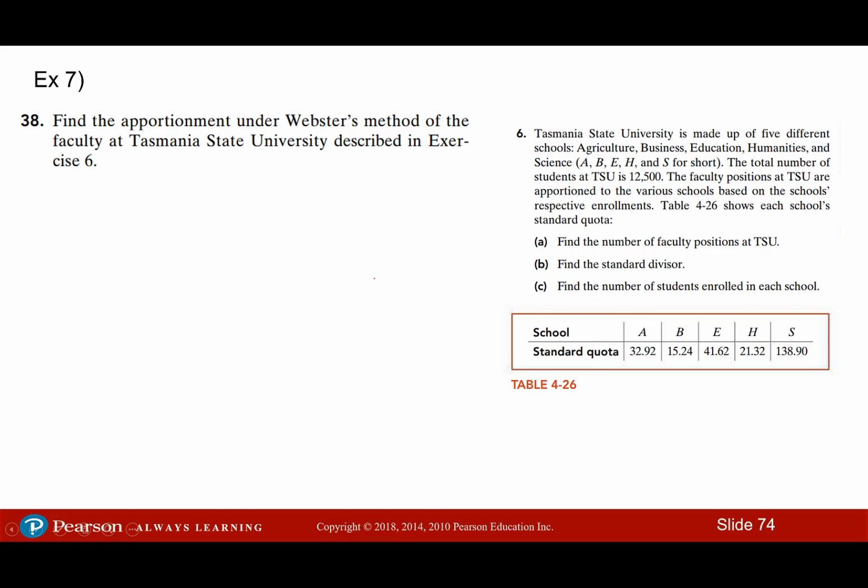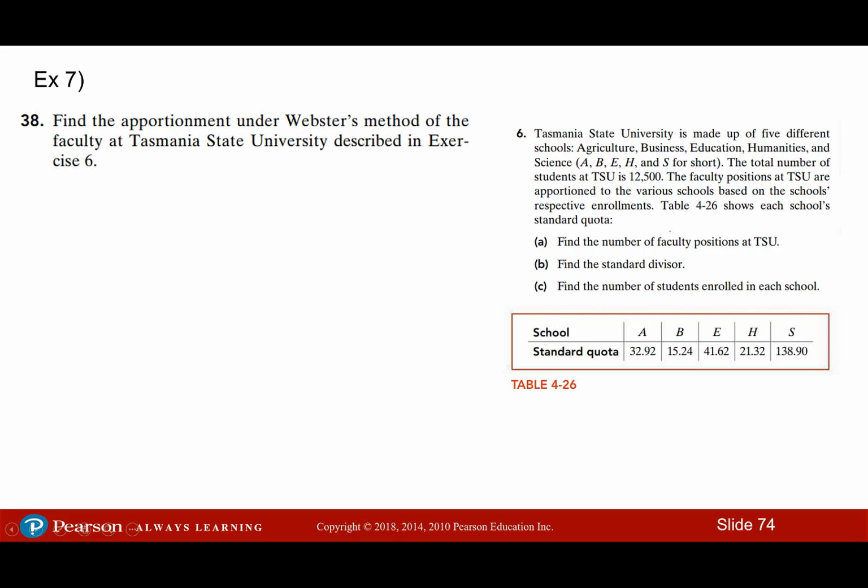So find the apportionment under Webster's method. And we're going to use something else. We're going to use the Tasmania State University description from exercise 6. As we look at exercise 6, all we really need is to get these numbers right here. That's all. So remember at number 6, this is the standard quota already given. You had to work backwards in 46, so we don't want to work backwards here.